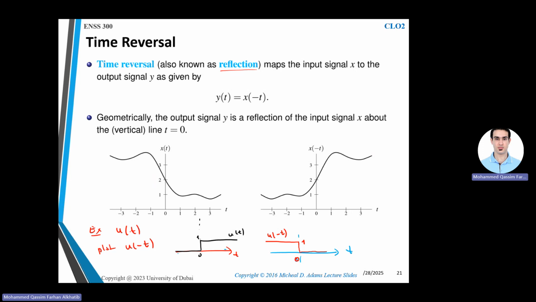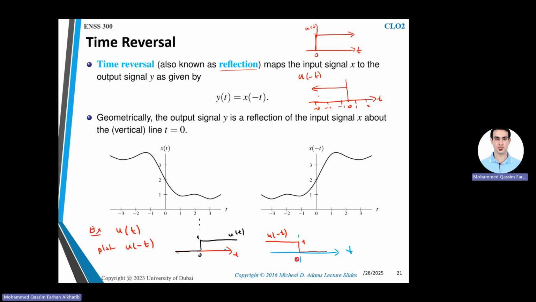If you have u of t like this, that's t, and this is u of t, and you are asked to find u of negative t. So that's signal reversal. There's t, and this is the 0, 1, and 2, negative 1, negative 2, negative 3. So that's time reflection.